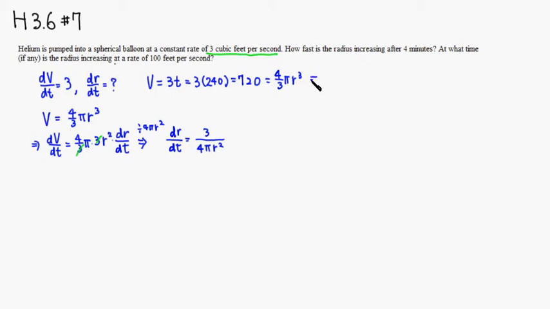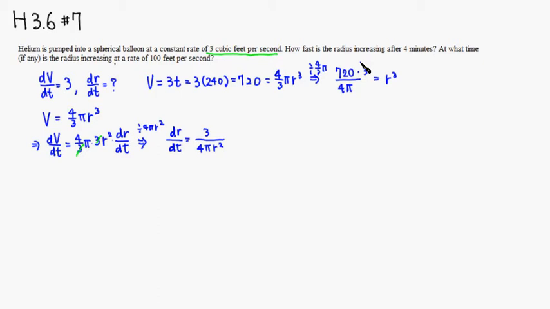First, divide through by 4/3 pi, so you get 720 divided by 4 pi, multiplied by 3, equal to r cubed.